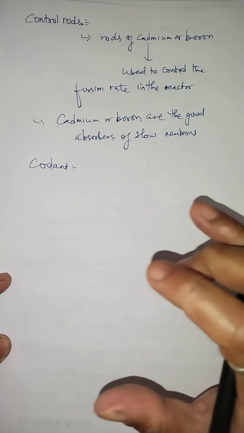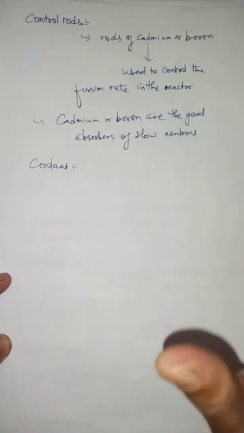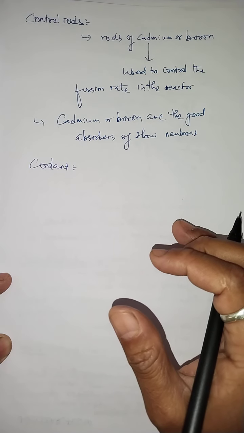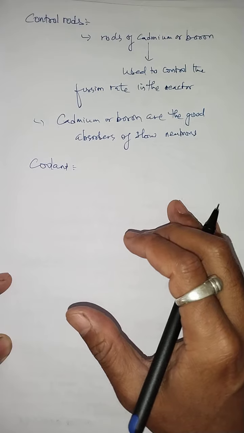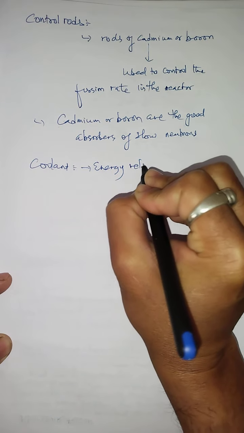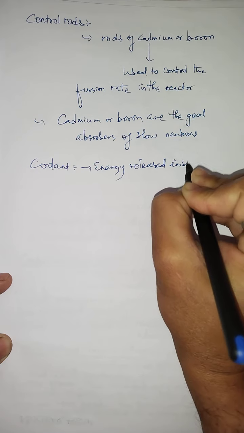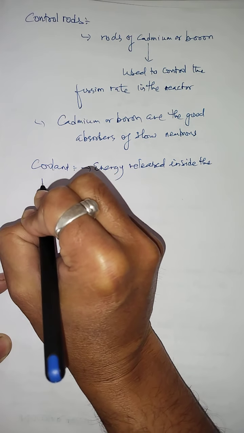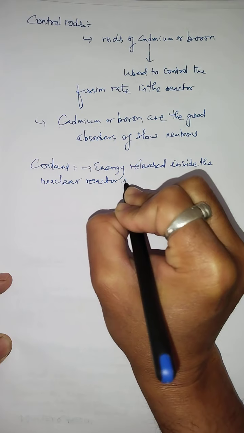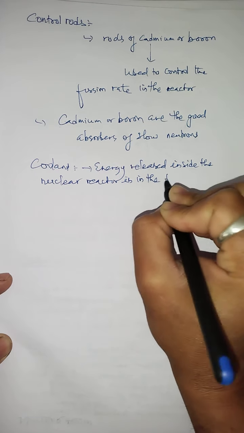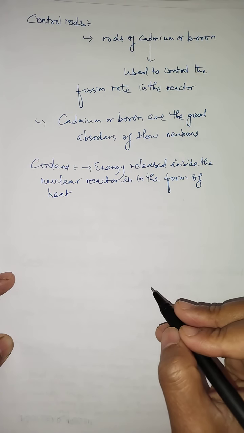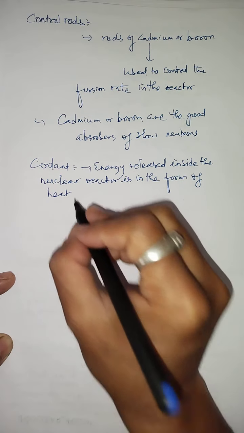When the nuclear fission reaction or controlled chain reaction takes place in a nuclear reactor, a large amount of energy evolves. The energy released inside the nuclear reactor is in the form of heat. And this heat is removed by the coolant.